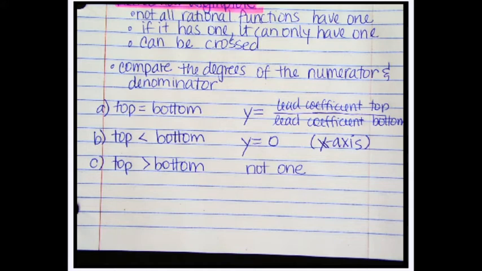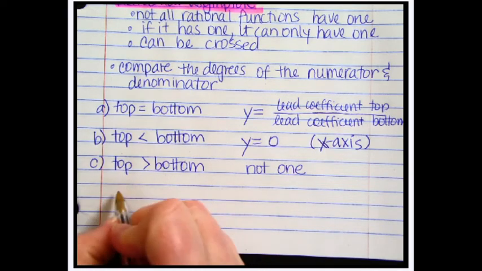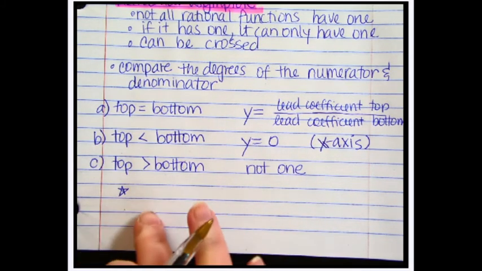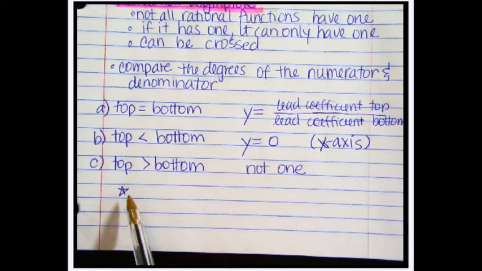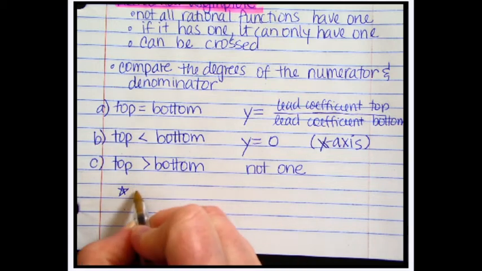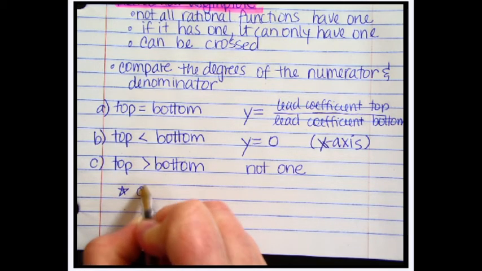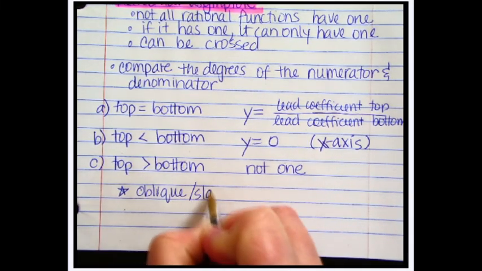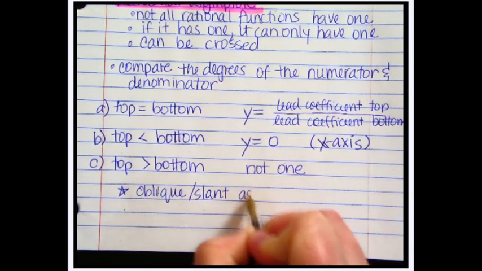Now, in this course, according to Barton at least, this is as far as you have to go. In the amount of time we have, this is as far as we have to go. But I will let you know there are other types of asymptotes, and that would be an oblique or a slant asymptote.